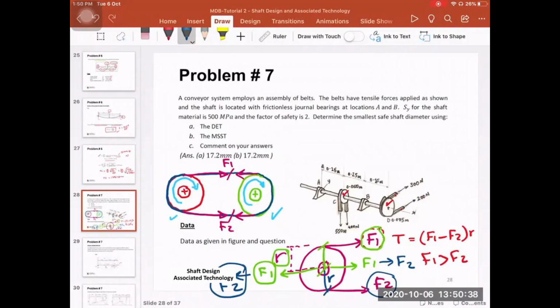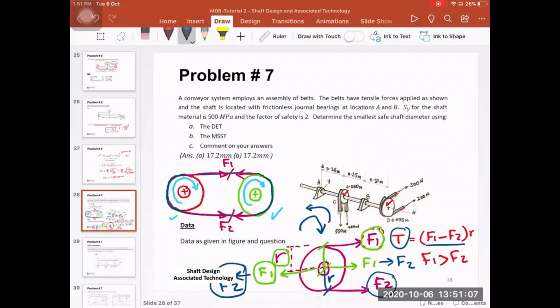So you have two couplings now, one coming from F1, which is F1 multiplied by R in this direction, and another coupling based on F2 in this direction, which is F2 times R. So the difference between these two couplings, or the difference between these two torques, gives you the net torque on the shaft, okay? So that's why I say the torque is F1 minus F2 times R.